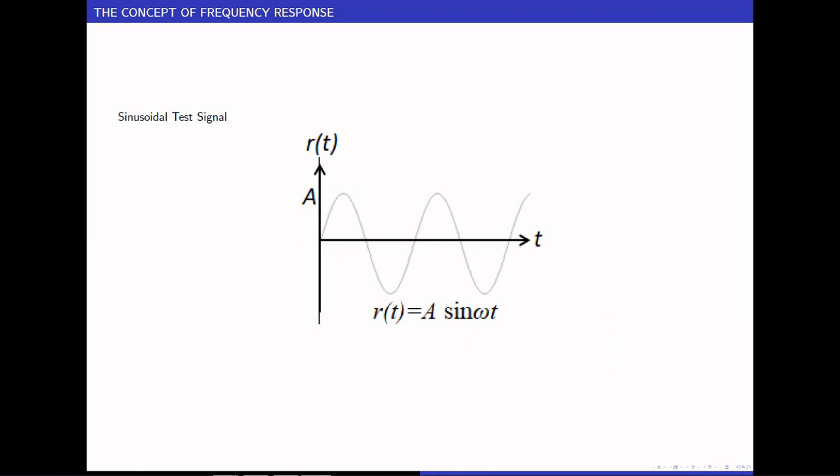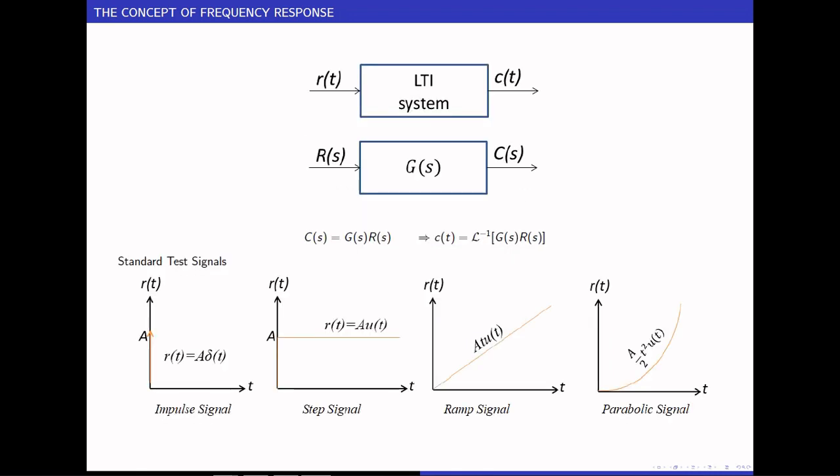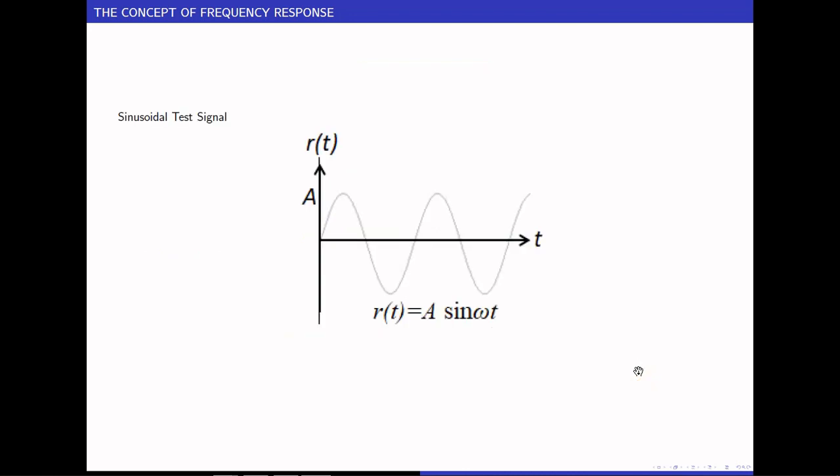However, apart from these set of standard test signals, we have another class of test signals, that is sinusoidal signal. So this sinusoidal signal is shown in this figure, and any sinusoidal signal is characterized by two quantities, two parameters. One is A, the amplitude, and the other one is the frequency.